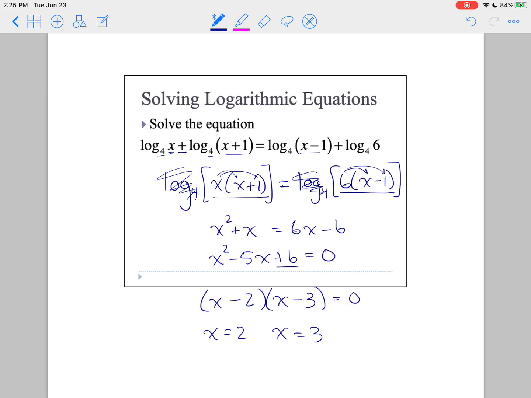If x equals 1 was an answer, if I plugged it in here, I'd get 0 in this log, and so 1 would not work as an answer. However, 2 and 3 look like they're safe, and you can check this on your own with your calculator. They both work.